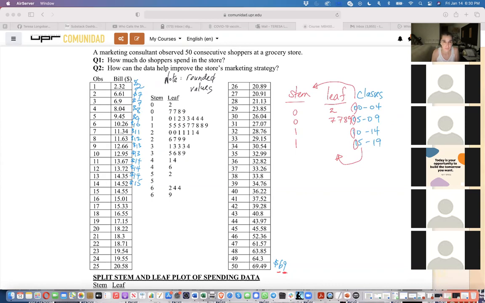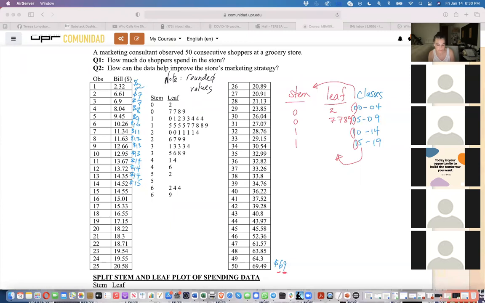I would say it's not about frequency. So first of all, let's finish. Does everyone see how I made this? Then we'll talk about frequency. Everybody see how I made this?